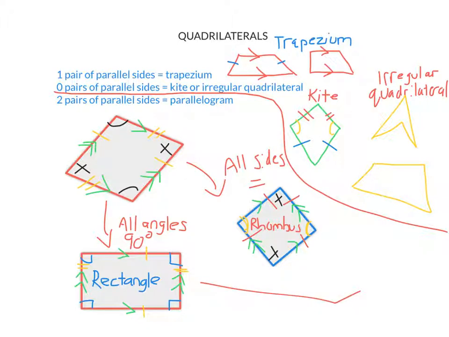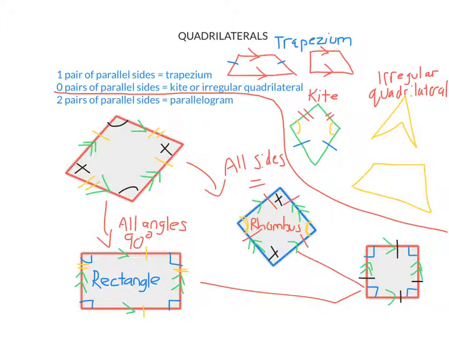So if we have a parallelogram that has all angles equal and all sides equal, you know this one very well. It's a square. So a square is a special type of parallelogram. It's a parallelogram because it has two pairs of parallel sides. It has all its angles equal to 90 degrees, so it's a rectangle, and all its sides are equal to each other, making it a rhombus.